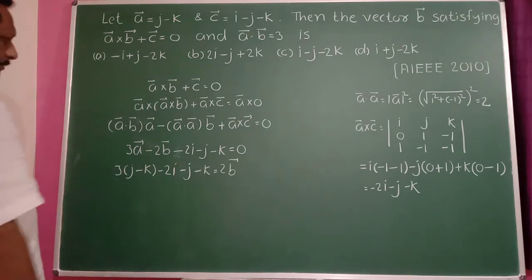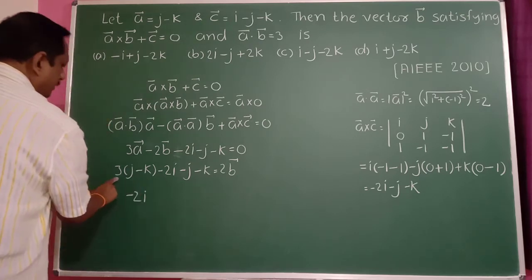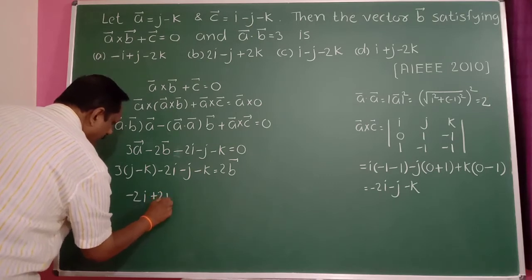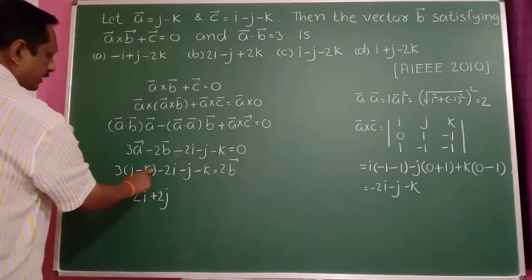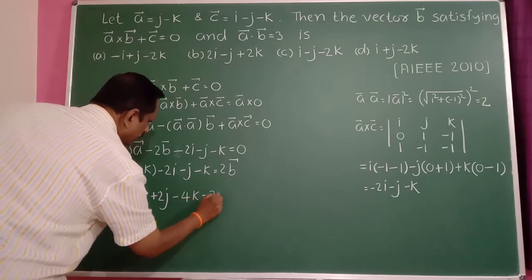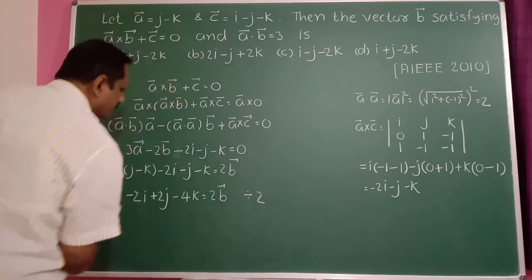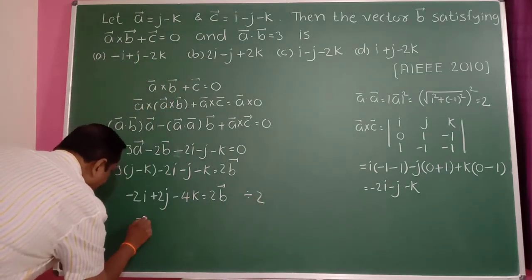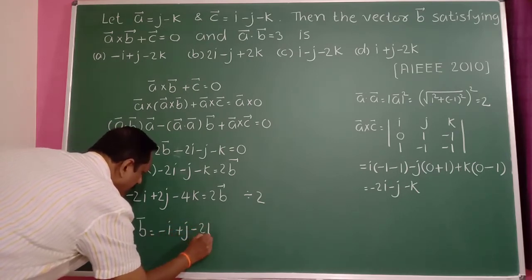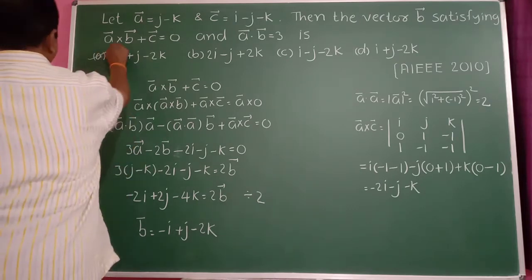Then minus 2I. 3 into J, 3J minus J gives a plus 2J, minus 3K minus K, minus 4K, that is equal to 2 into the vector B bar. Dividing both sides by 2, therefore B bar is equal to minus I plus J minus 2K. First option is correct here.